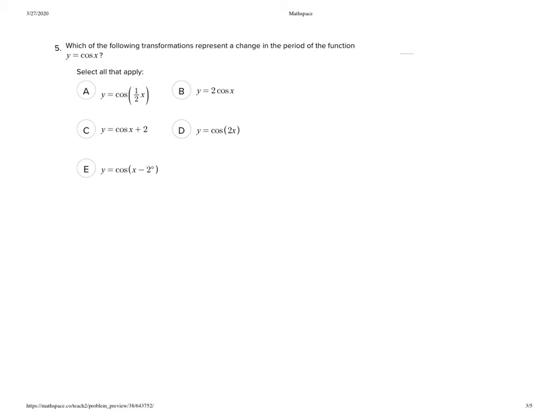Question number 5 asks you to find the transformation that represents a change in the period of the function. Here is the equation a cosine bx plus c plus d. Which letter here will help you find the period? Period is 2 pi over b. So all you need is the number that is b.